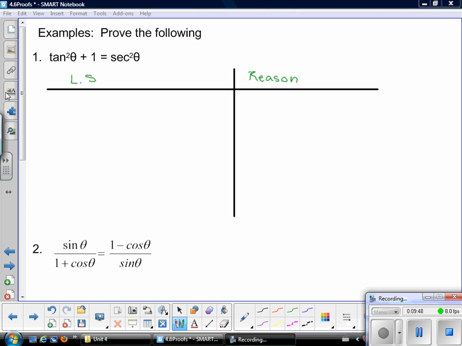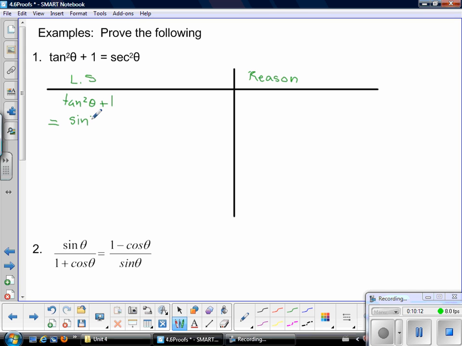So we have tan squared theta plus 1. Now, because I need to somehow get to secant, and tan squared doesn't have secant in it, I'm going to do a substitution right away, and I'm going to change it using the quotient identity.